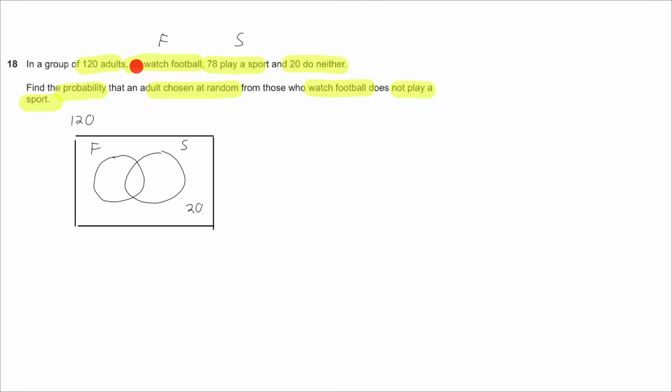Now, 85 watch football. That means in the whole of this circle here you've got a total of 85 people. 78 play sport, so in the whole of this circle here, 78 play sport. What you don't know is those that do both football and play a sport. So I'm going to call this the letter X. X is those who play both, watch football and play a sport.